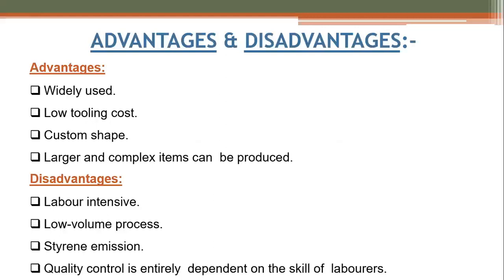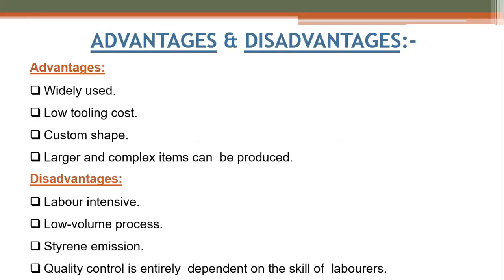Coming to the disadvantages, it is labor intensive. The manual labor used for this process is very high compared to other processes. Next, it is a low volume process. Then styrene emission, which is the gases emitted from the resin and reinforcements.